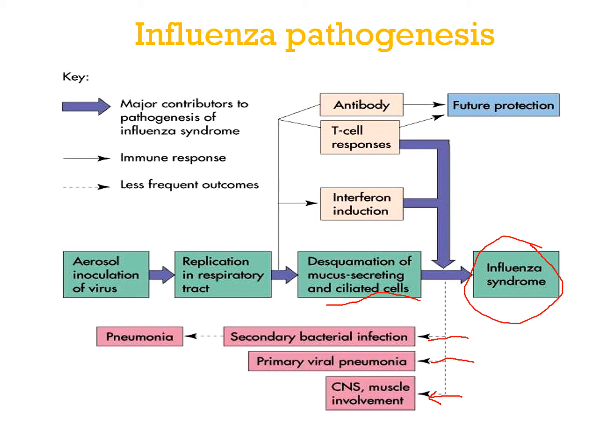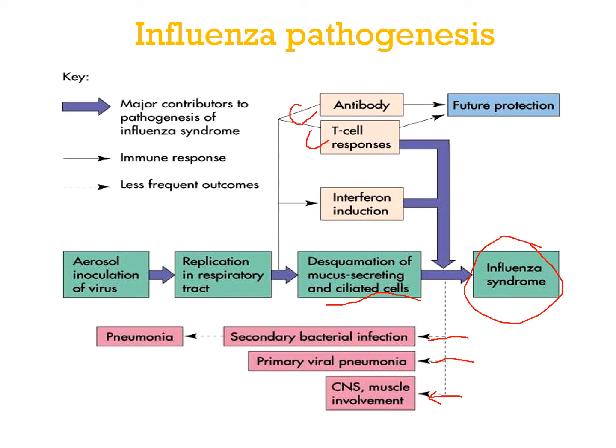So once the virus enters, this is going to lead to activation of the immune system, activation of the B cells and T cell response. Once the B cell is activated, it's going to produce plasma cells. Plasma cells are going to produce antibodies which are specific against this influenza virus.